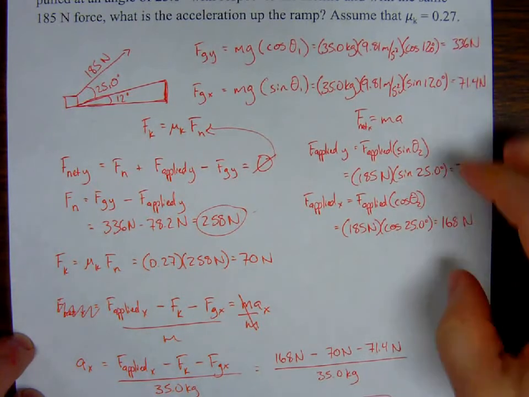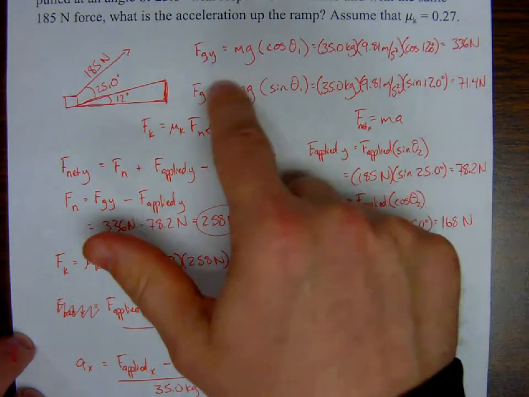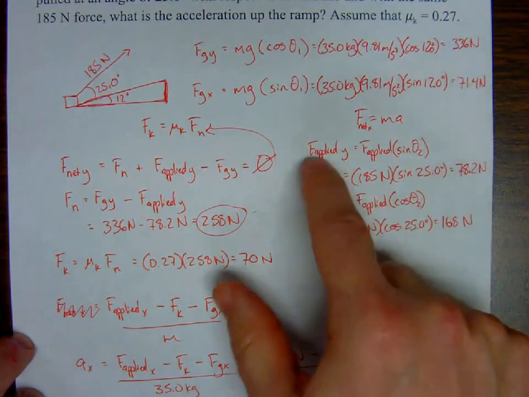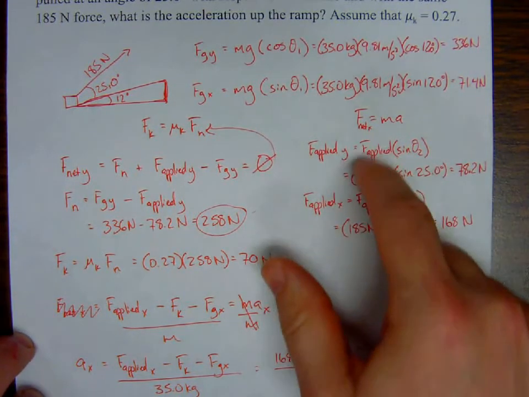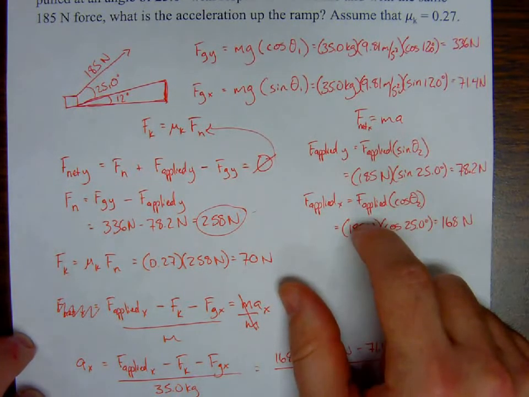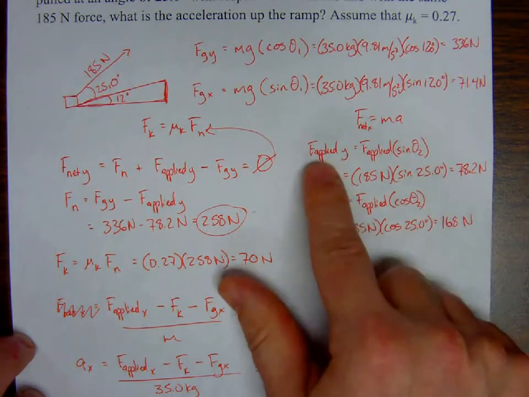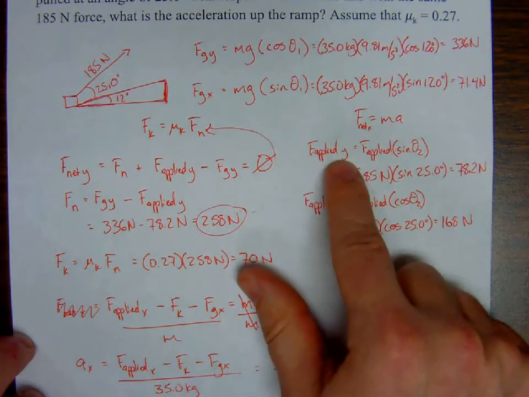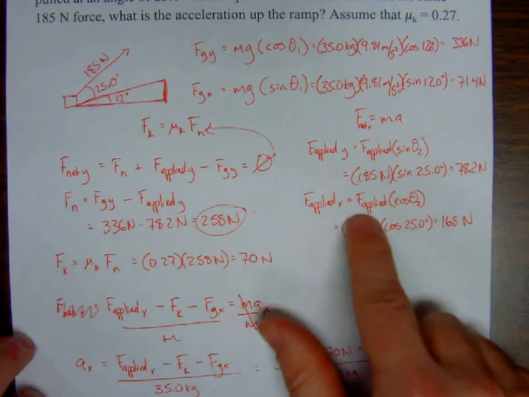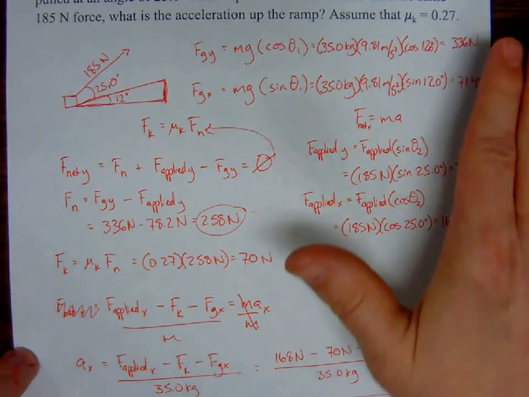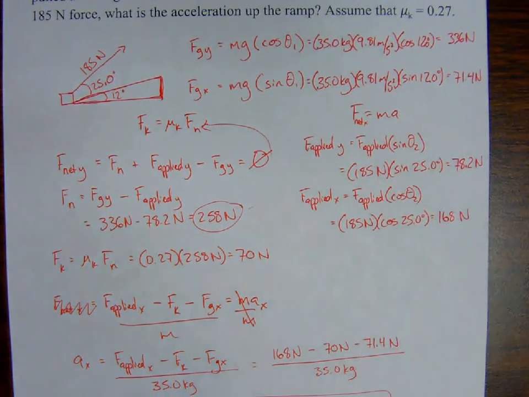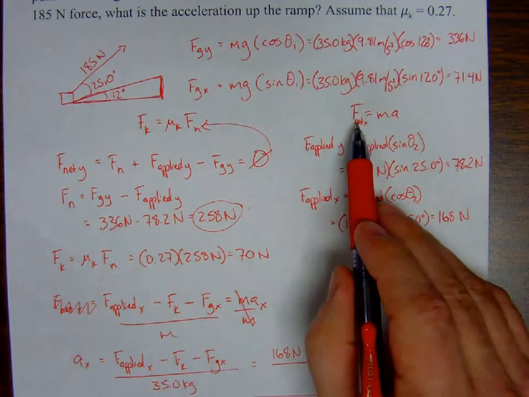Okay, now the normal force is a little bit extra fun this go around because there's a force of gravity in the y direction. Well, I mean, there's always force of gravity in the y direction, but it's not just gravity, right? It's not only the force due to gravity. It's the force due to gravity only in the y direction, okay?